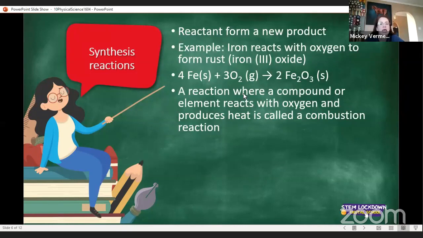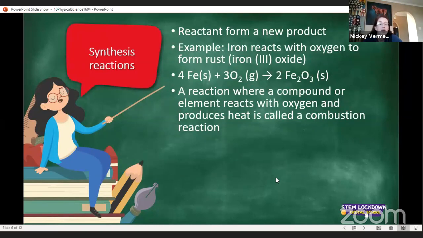Now, if I have something, anything, and it reacts with oxygen, and it causes heat, we call it a combustion reaction. The most prevalent combustion reactions that you have in the world is your body. Respiration is a combustion reaction.